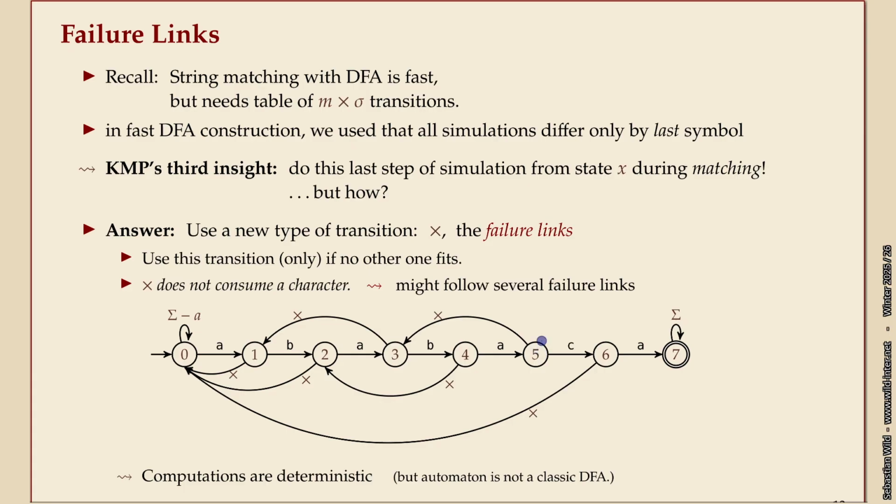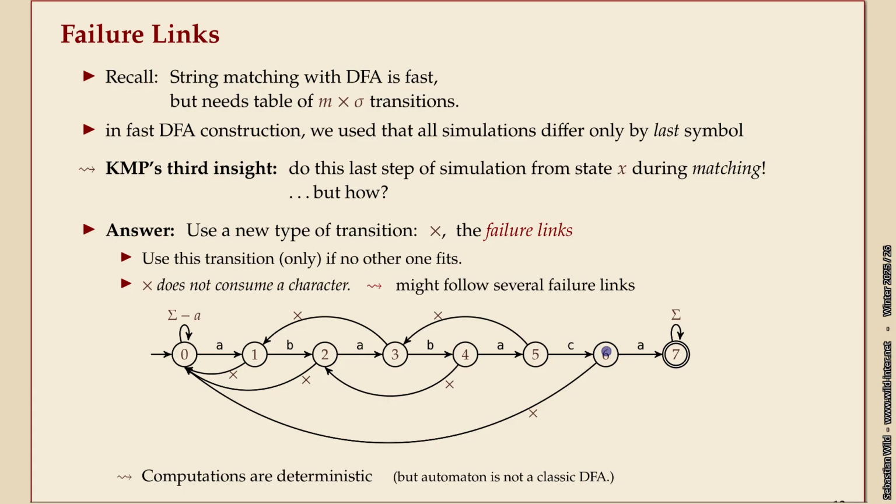So if you're sitting here and you don't see a C, you have to follow this failure link. But you do not consume the next character of the text. The failure links are just updating the state of the automaton. You're still looking at the same character in the text, and then you try again. Maybe it wasn't a C here, so you had to go there. But maybe it's a B that you can read from here now.